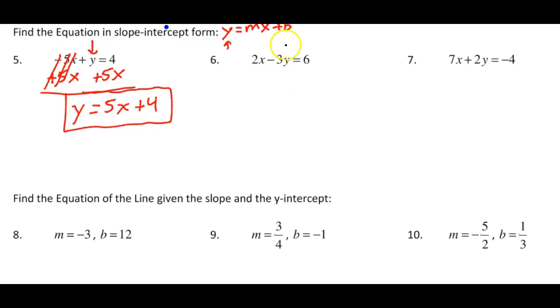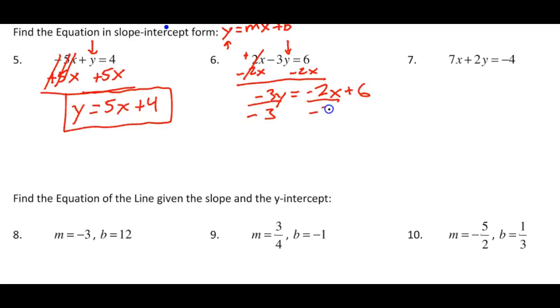Okay, let's do a few more. Again, we're trying to get y by itself, so this time I have to get rid of a positive 2x, and then I have to get rid of a negative 3. So I'm going to get rid of positive 2x by subtracting 2x. And then I'm going to, again, put the slope first, y-intercept second, and then divide by negative 3 everywhere.